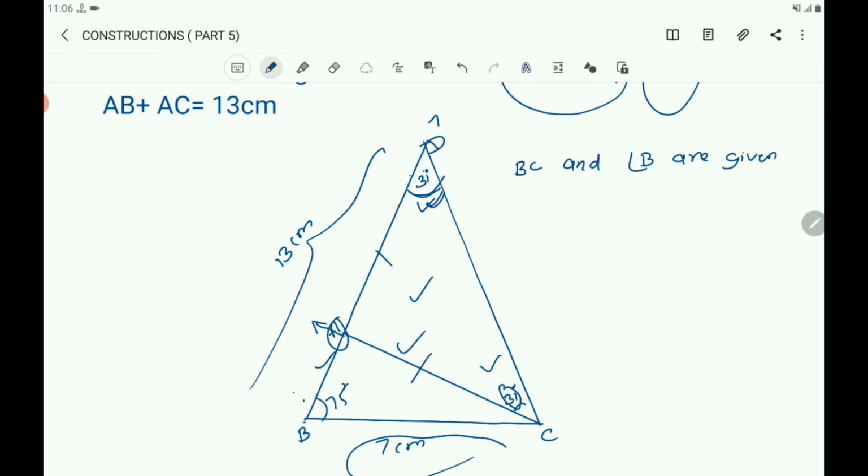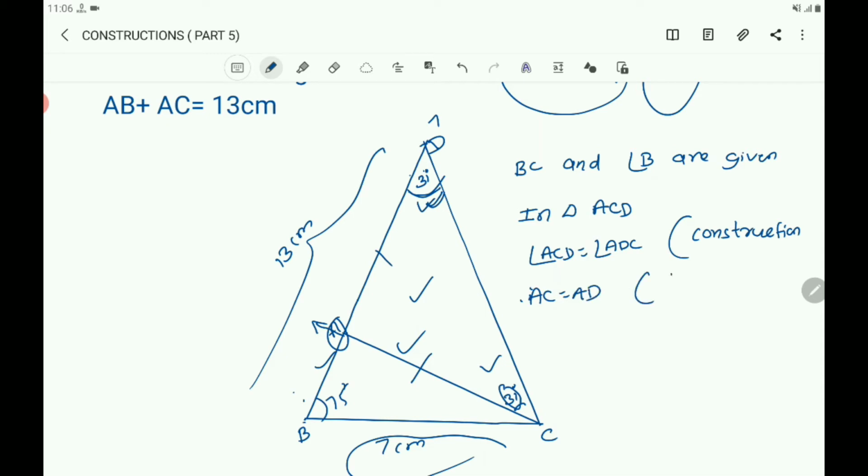In triangle ACD, angle ACD equals angle ADC, that is by construction. Construction is done that way only. Therefore, you can write that the sides opposite to the equal angles, AC equals AD.